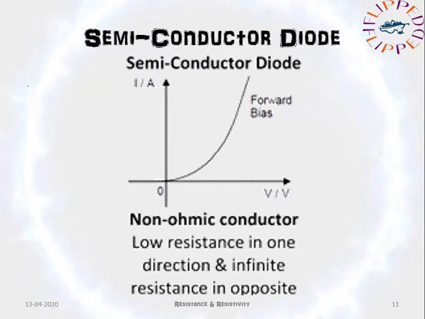So the opposite direction is the negative voltage side. There is infinite resistance, meaning there is no flow of current. The low resistance on the one side is now in the positive quadrant that we see here, and we see that the gradient is increasing, hence the resistance decreases the bigger the voltage gets.